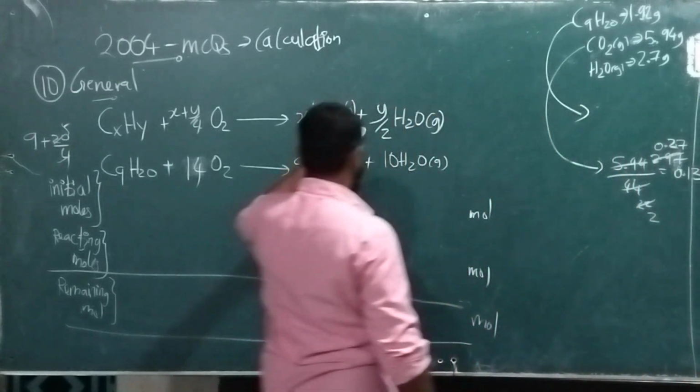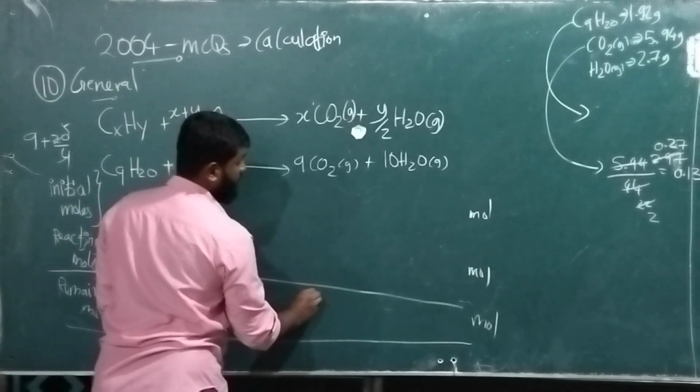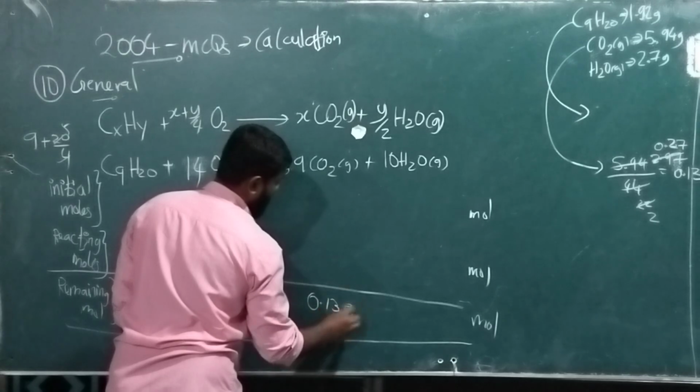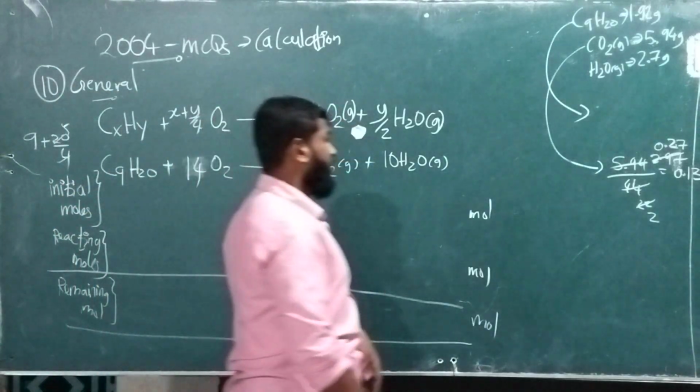So the number of moles of CO2 formed is finally 0.135 moles.